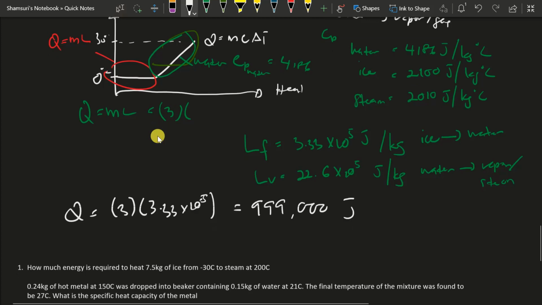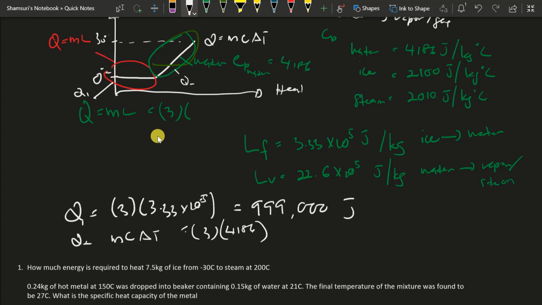This is Q1, and then Q2 is this one. Q2 has the same formula, mcΔT. M is 3 kilograms, our C now is water, 4186, and ΔT is the change of temperature, 30 minus 0, which is 30 degrees.